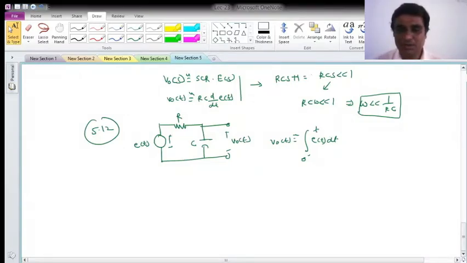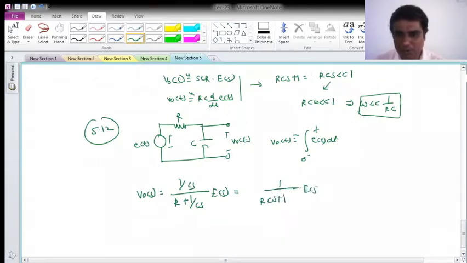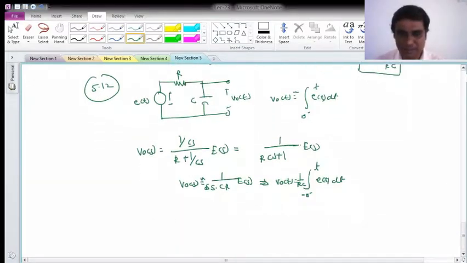That way you can find the requirement on the time constant. To solve this, we will write V0(s) in terms of E(s). So V0(s) will be 1 over Cs divided by R plus 1 over Cs, into E(s), and if you solve it, this will be 1 over RCS plus 1, into E(s). So V0(s) will be approximately 1 over S times CR into E(s). So V0(t) will act as the integrator, 1 over RC times the integral of E(t) dt. The condition is that RCS has to be much greater than 1.